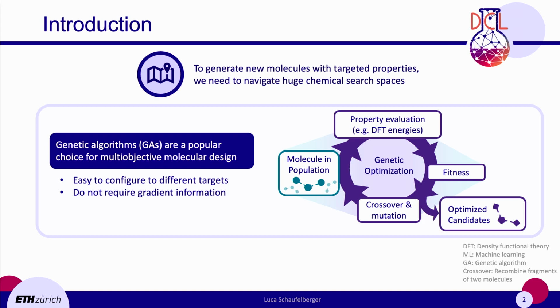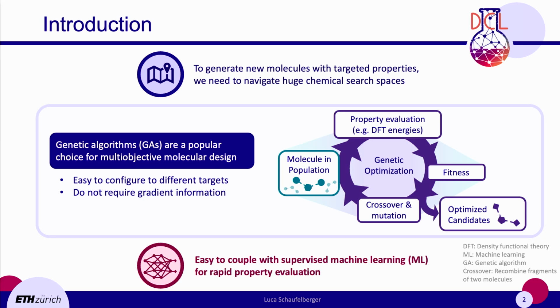Genetic algorithms have been around for a long time, but they've risen in popularity in the last few years because they're really easy to couple with supervised machine learning, and this alleviates the main bottleneck in the optimization pipeline, which is the density functional theory calculation.